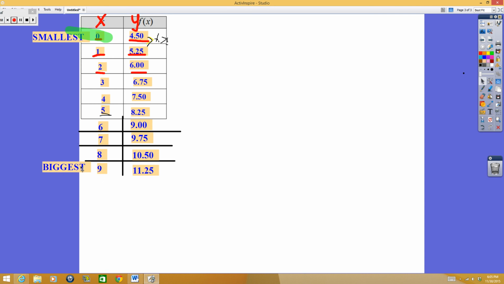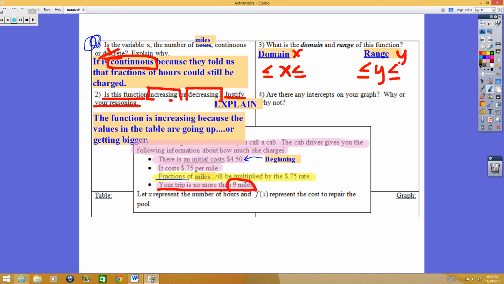My biggest x is right here. It's 9. That makes sense. So, what I would do is I would write down that my domain, my x's, go from 0 to 9. Okay? From smallest to biggest.